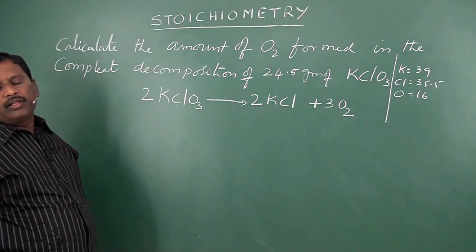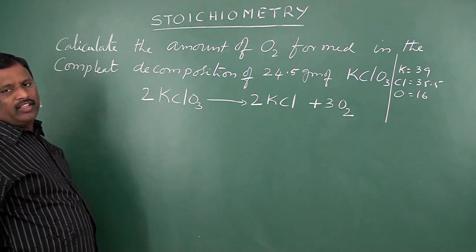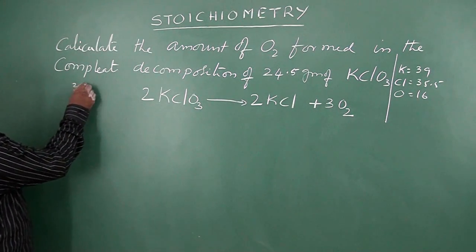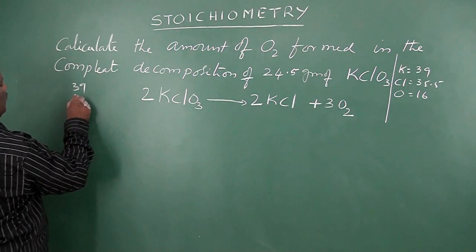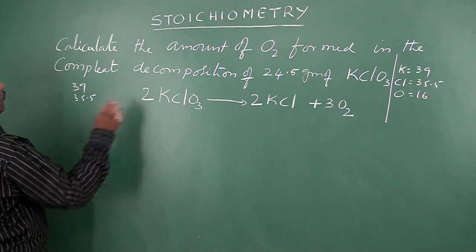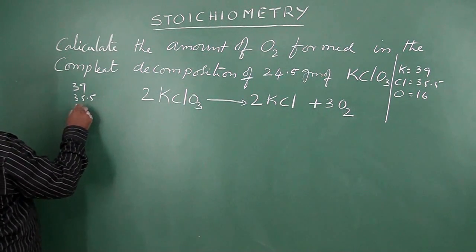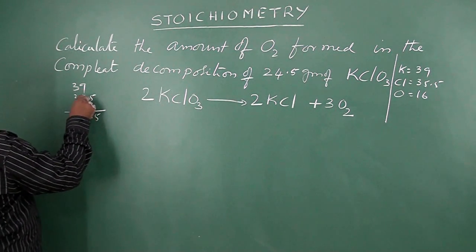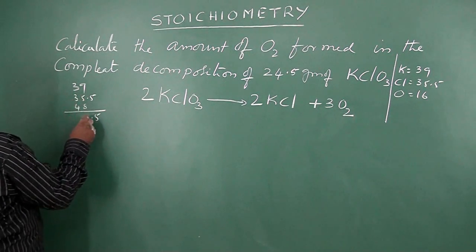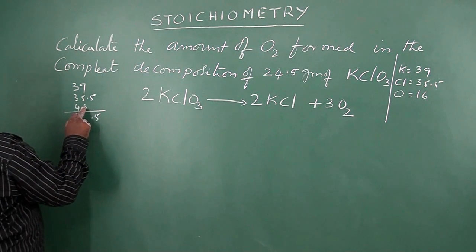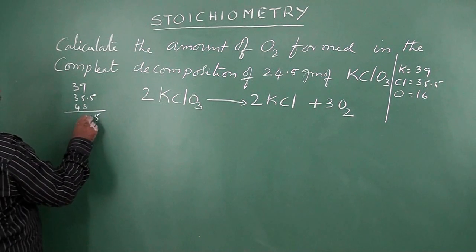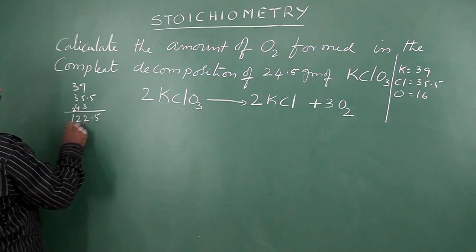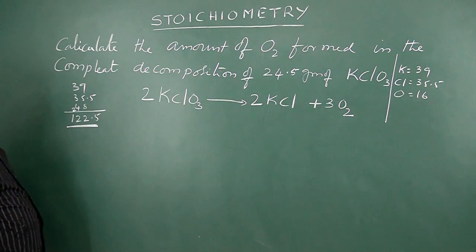Now you have to write down the molecular weights of each substance involved in the reaction. Potassium, you already know, is 39. Cl 35.5. Then O 16, 3 O's are there, 48. Adding all this, you get 122.5, which is the molecular weight of KClO3.